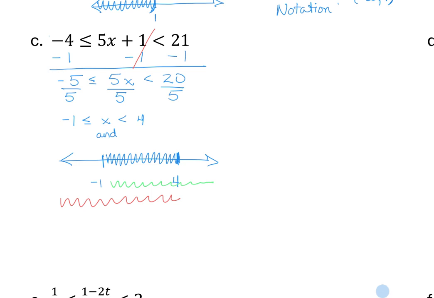For our -1, we have an or equal to statement, which means that this is going to be a square bracket or a closed circle. And 4 is a strict inequality, which means that it is going to be a parenthesis or an open circle.